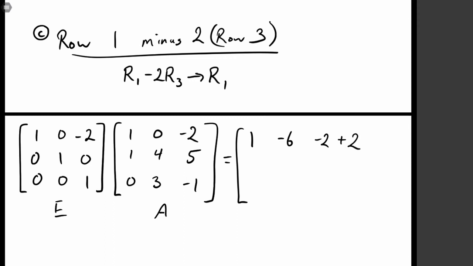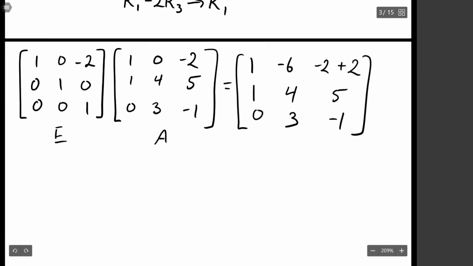Let's go on to the next row. 0 times 1 plus 1 times 1 plus 0 times 0. 0 times 0 plus 1 times 4 plus 0 times 3. 0 times minus 2 plus 1 times 5 plus 0 times minus 1. 0 times 1 plus 0 times 1 plus 1 times 0. 0 times 0 plus 0 times 4 plus 1 times 3. And 0 times minus 2 plus 0 times 5 plus 1 times minus 1.